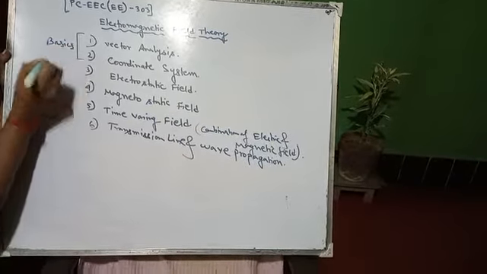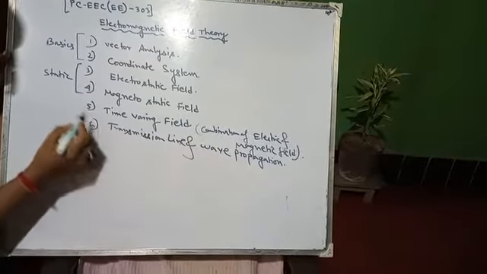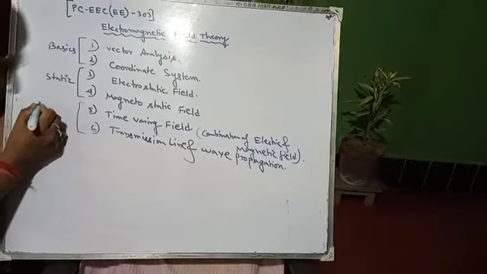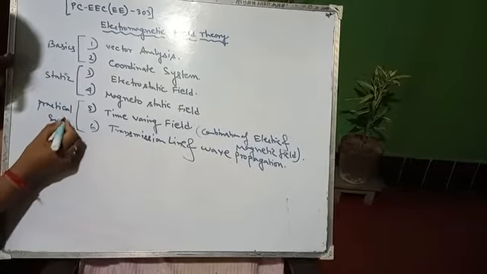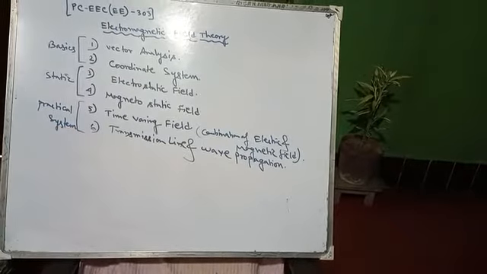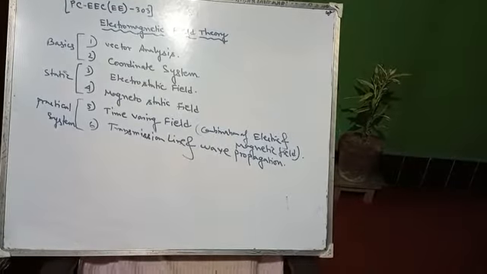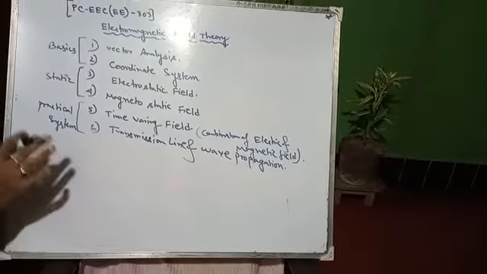These are the basics. These are the static fields. These are two applications of this practical field, right? This is the practical system. So in your syllabus these are the topics, so we have to complete them one by one.